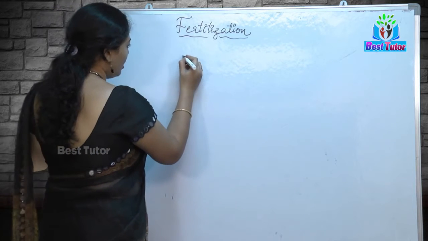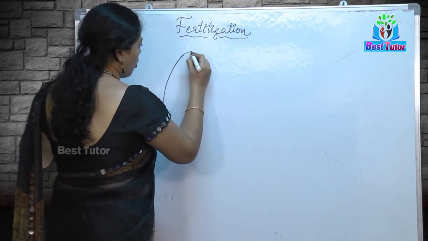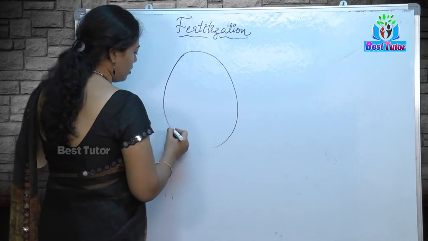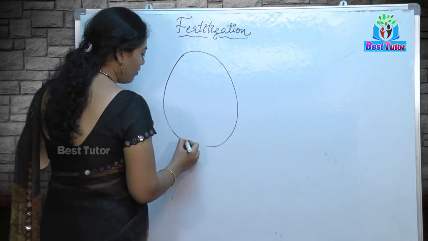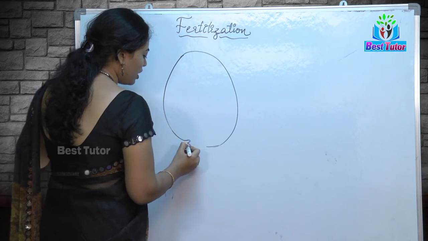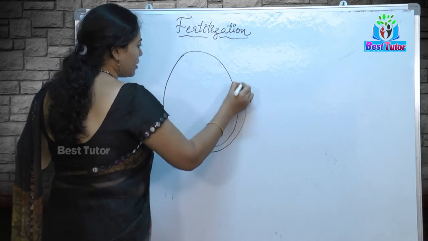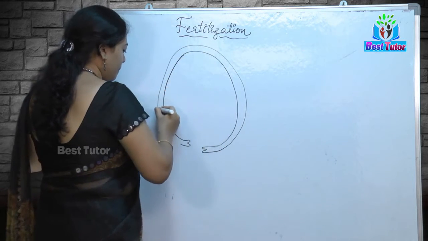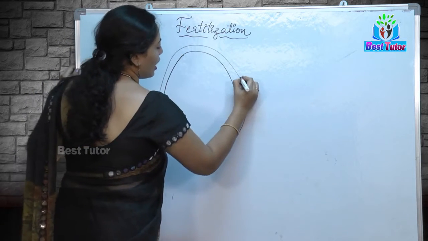Now, for example, assume this is the ovule, and each ovule will have 2 or 3 coverings known as integuments.